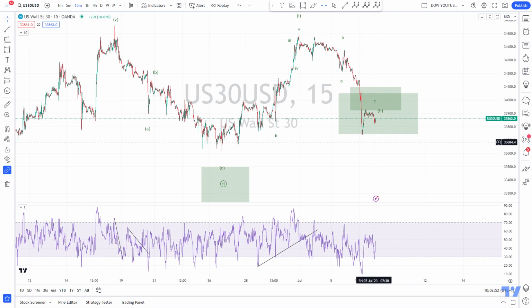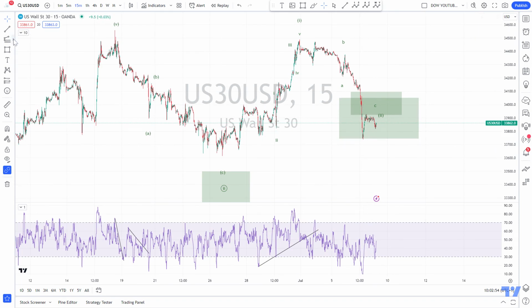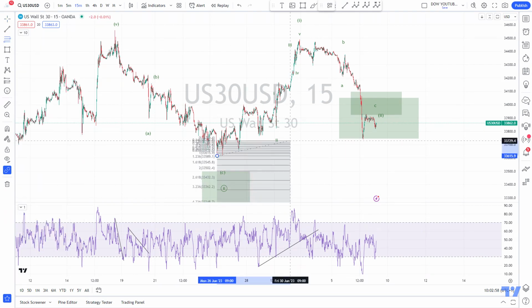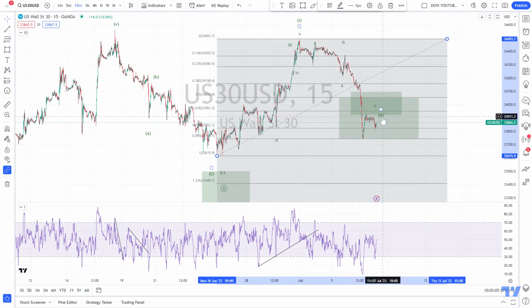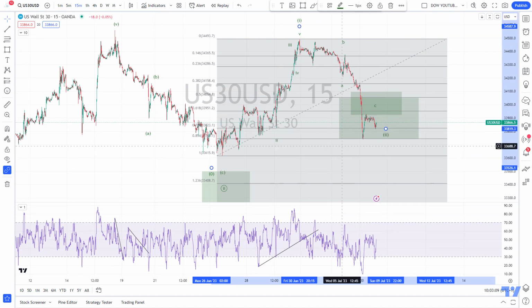Actually, the lower level of where a wave 2 should end. If this is our wave 1, then this wave 2 should end between the 0.854 and the 0.5 FIB retracement. And we had a nice reaction from here to the upside.